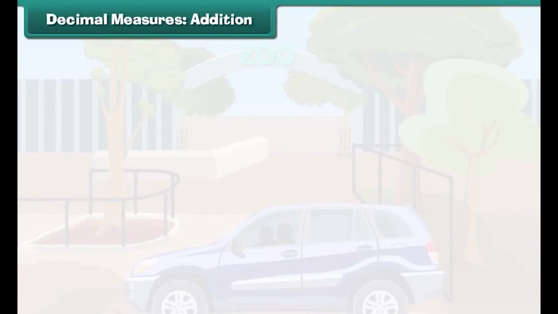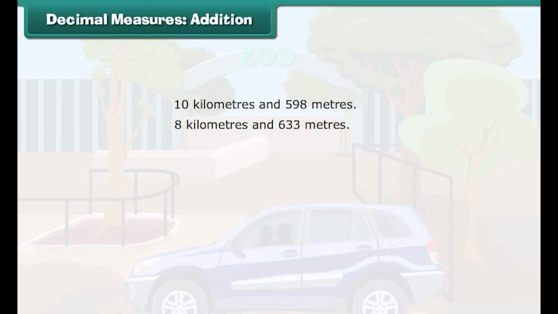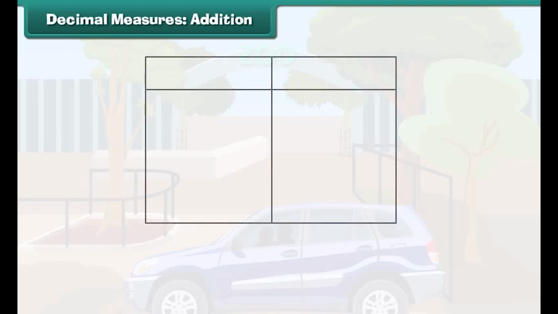The total distance covered by Ryan and his uncle can be calculated by adding both the distances. First, make two columns. In the first column, write kilometres, that is km, and in the second column, write m, that is metre. Write 10 under kilometres and 598 under metres.